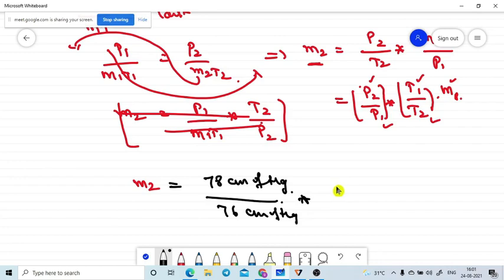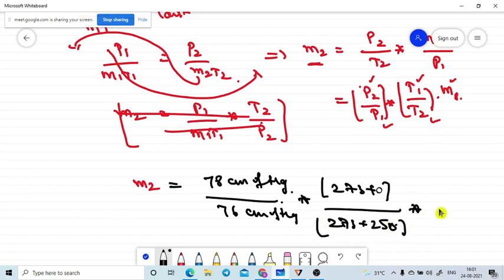While we are applying this type of formula, we need to use the values in the Kelvin scale only. So don't use the Celsius system. So T1 is 273, and T2 is 273 plus some value, 250 degrees Celsius, into M1 value, which is 1.562 grams.